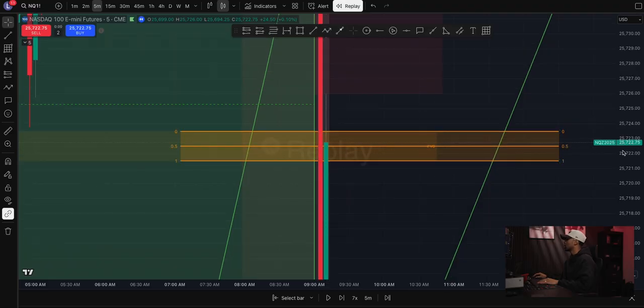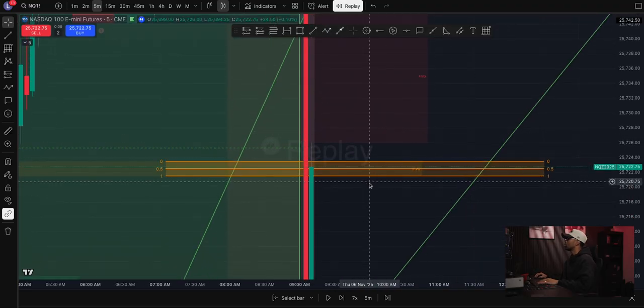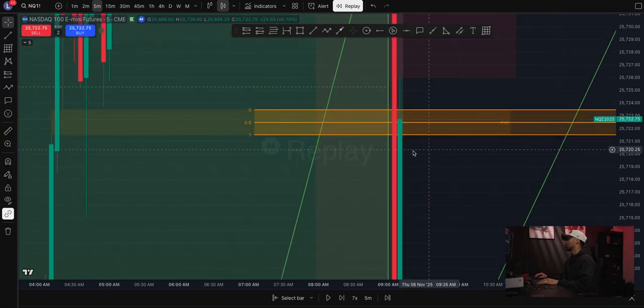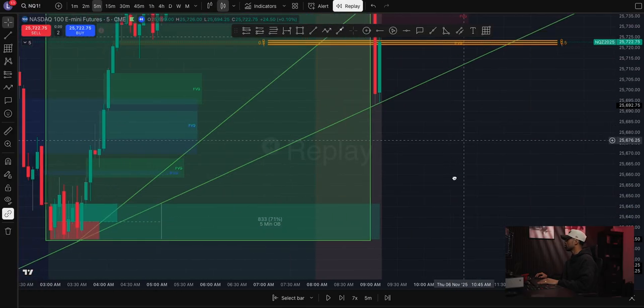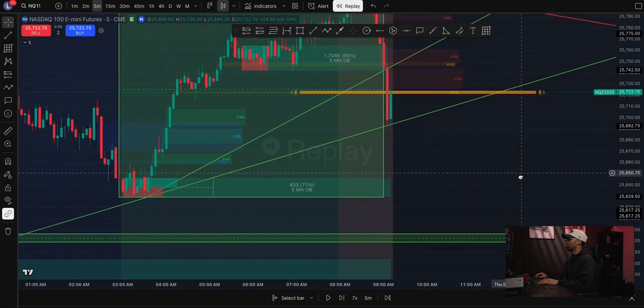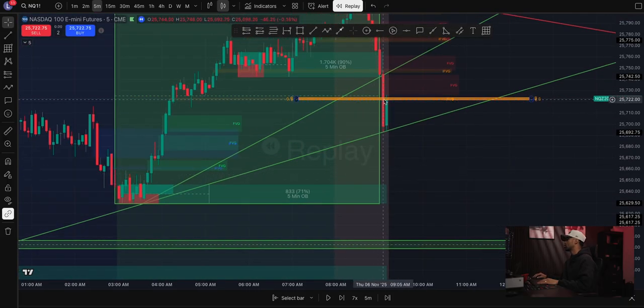The majority of the time, once it closes above the 50% line, it still has potential to go up. There is a potential that this market will fall down, but just hear me out: make sure that you are taking the plays based off of the rules. So yes, this market may continue back down, but it closed above the 50% line.